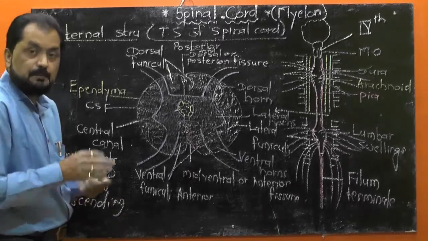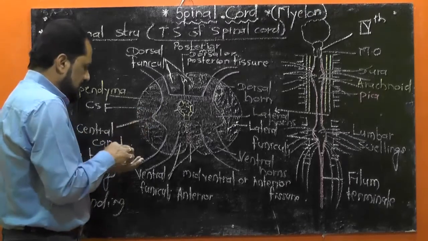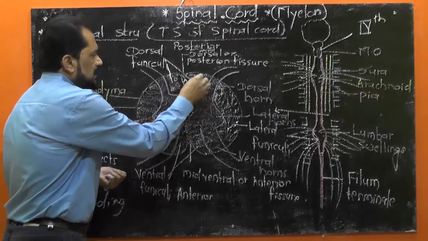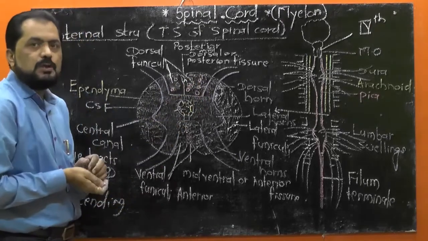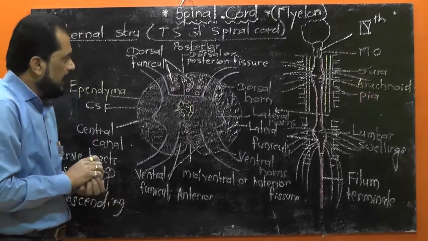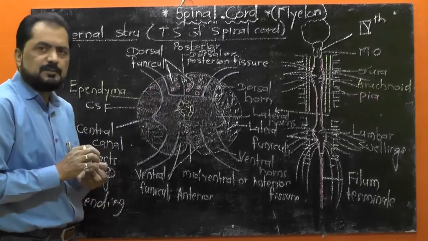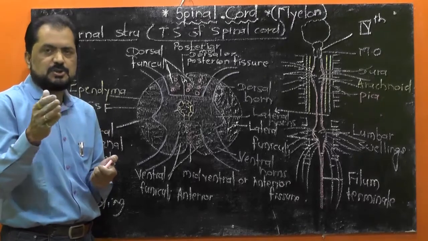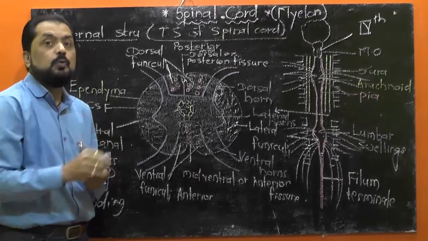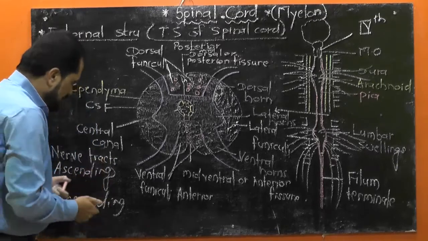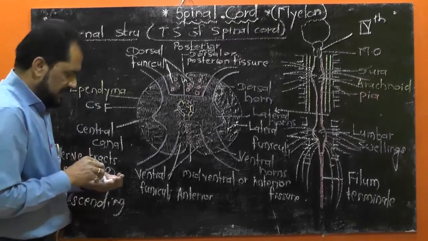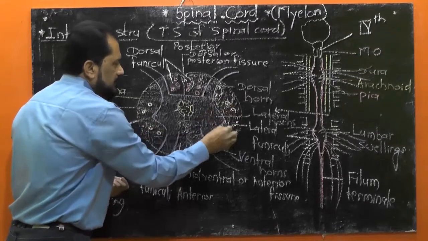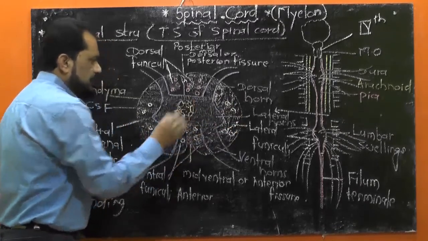Ascending nerve tracts pass through the dorsal funiculi. Consider these are ascending nerve tracts. They pass only through the dorsal funiculi, and these ascending nerve tracts are responsible for the conduction of impulses up towards the brain, while the descending nerve tracts pass through the lateral funiculi and ventral funiculi.